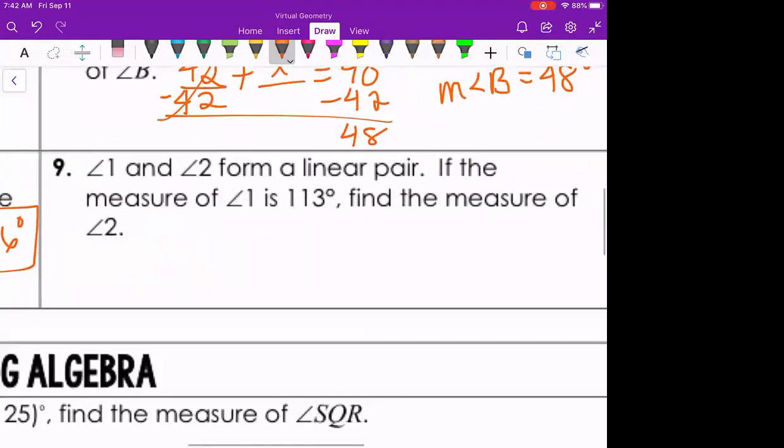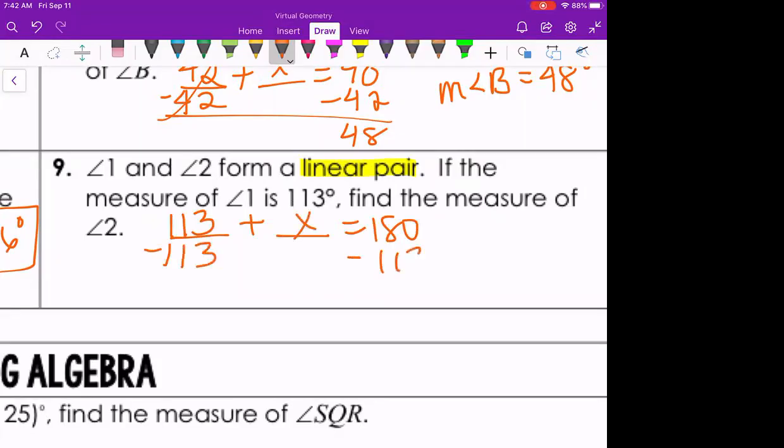All right, now to linear pair. Linear pairs, again, are very similar to supplementaries because linear pairs have to make 180. So the two better add up and equal 180. So if the measure of angle 1 is 113, find the measure of angle 2. So again, out of 180, 113 have been used.